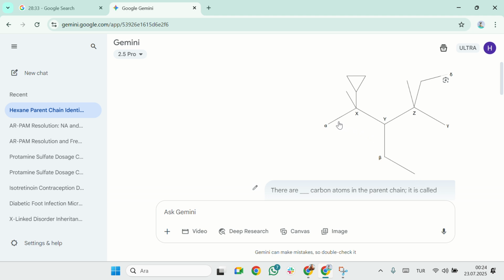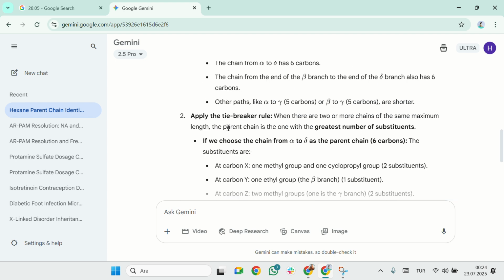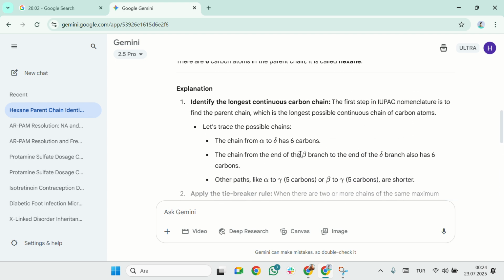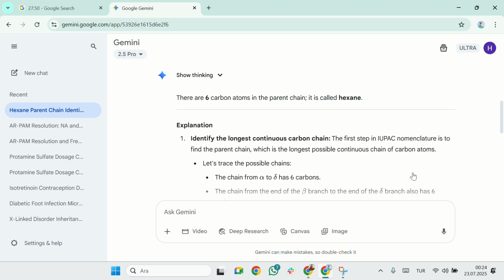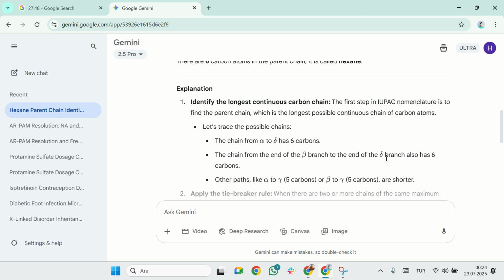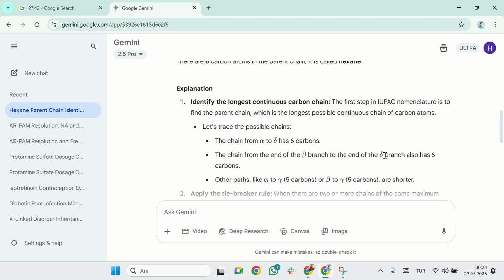Oh, okay. The chain from the end of the beta branch to the end of the delta branch also has 6 carbons. Okay.